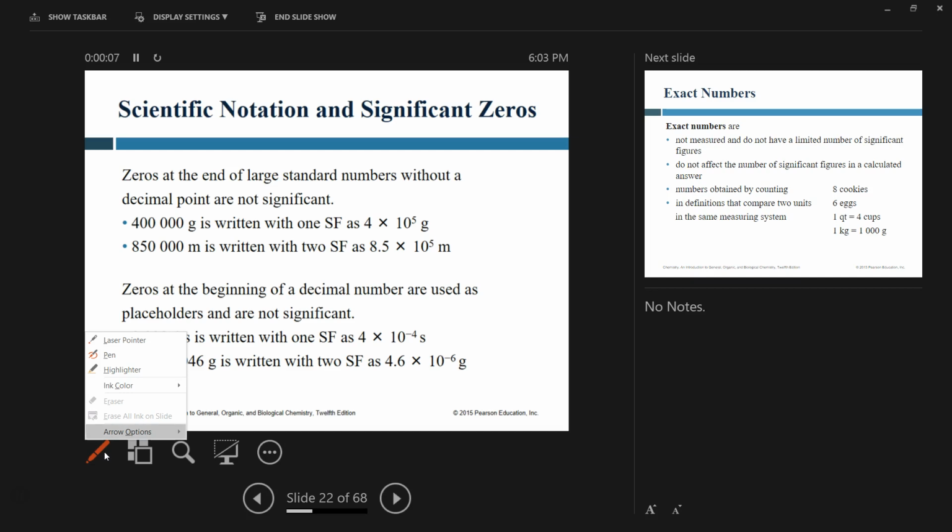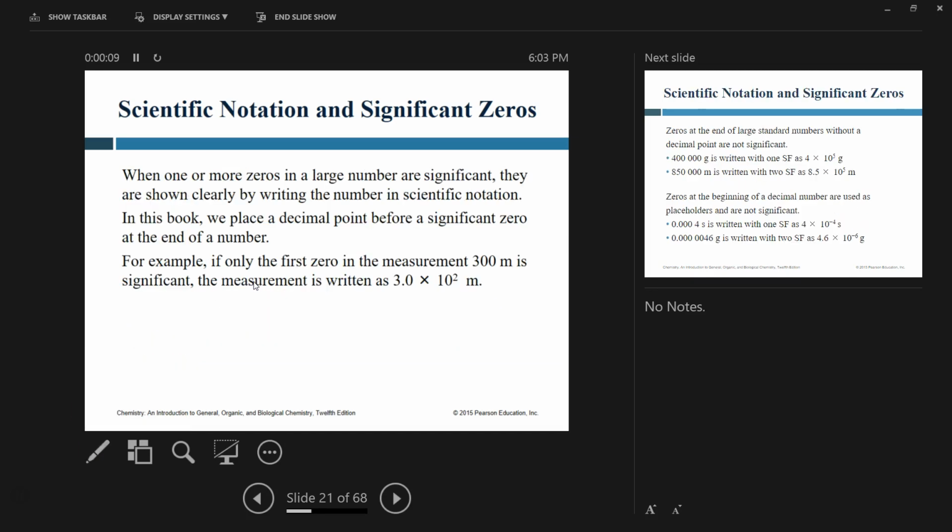I think we talked about the scientific notation, and we kind of figured that you can write the number in scientific notation if you use the powers of 10, right?